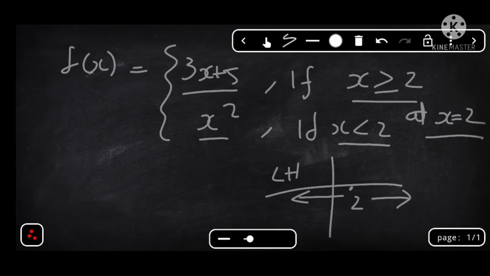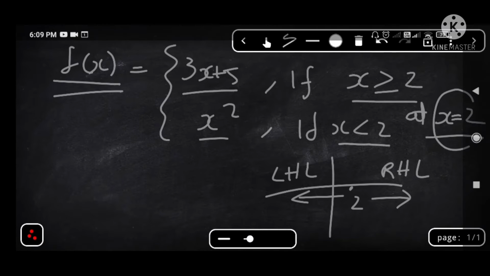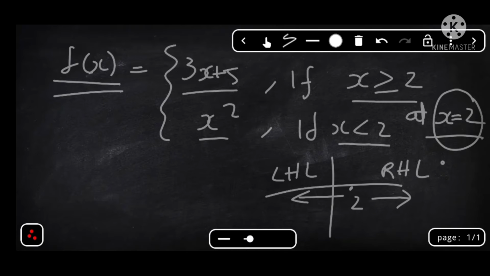Left hand side limit means LHL, and RHL is right hand side limit. We are going to check whether these two functions give us the same value for checking the continuity. If both give the same value, then we can say that f of x is continuous at x equal to 2. Clear? Okay, so let's start.